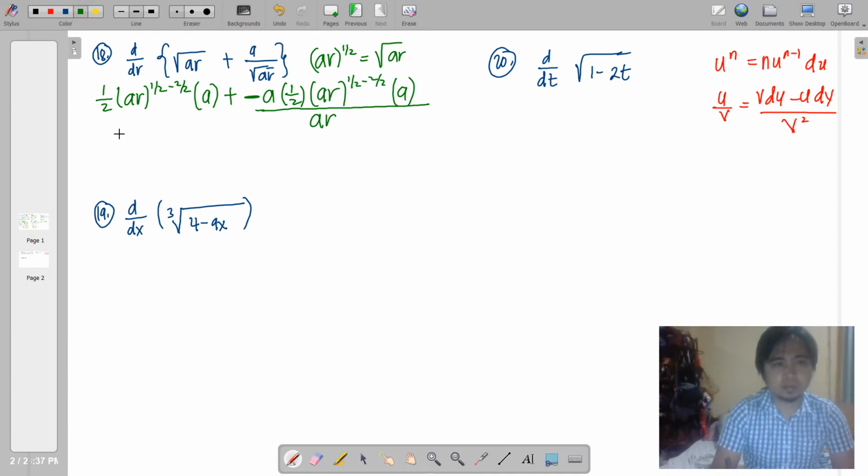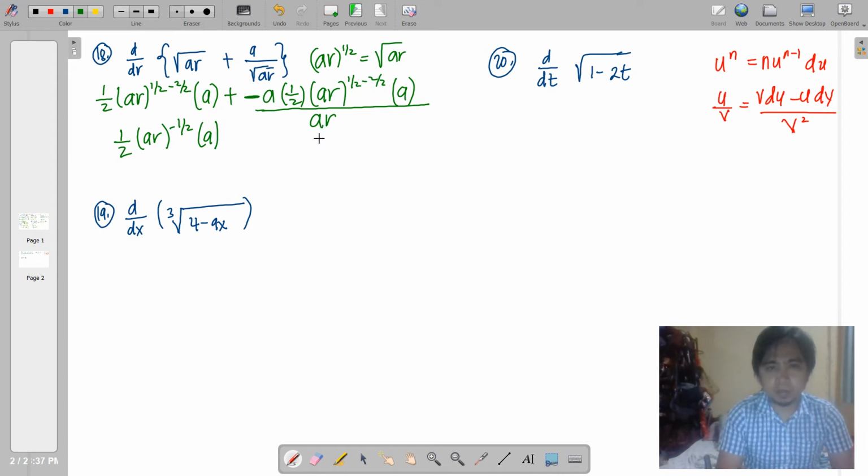We have 1/2 AR raised to negative 1/2 times A. And then, in this case, tanggal yung isang A dito.